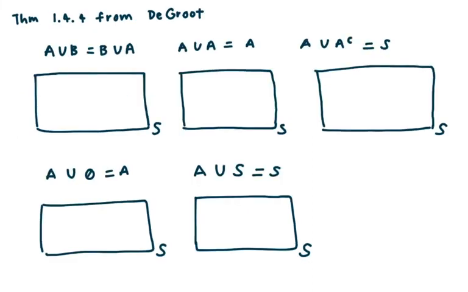Okay, so now we're going to look at theorem 1.4.4 from the book. And to help us understand this theorem, I'm going to use Venn diagrams. Okay, so the first one says A union B equals B union A. Okay, so I'm just going to draw that out.